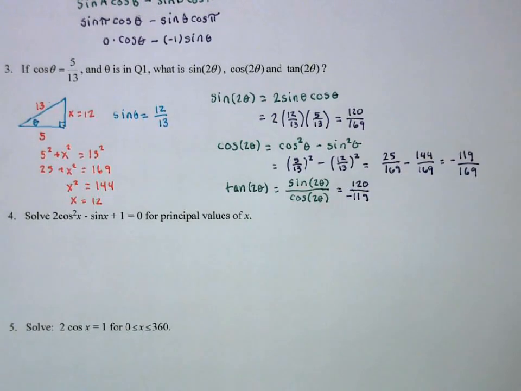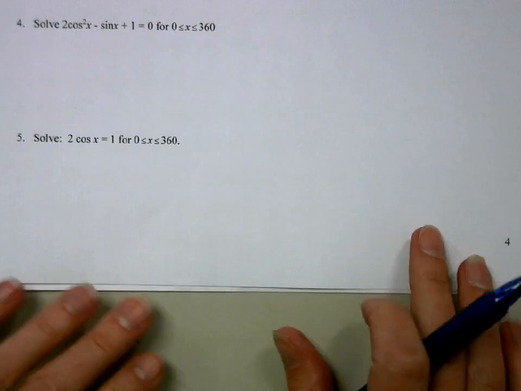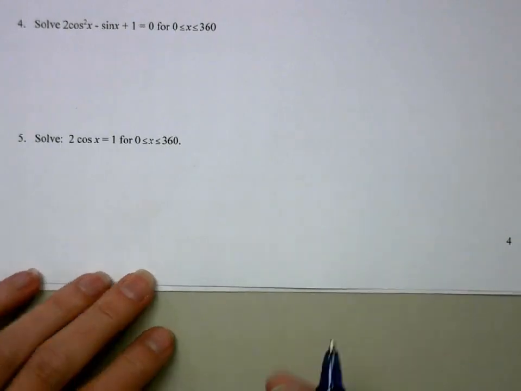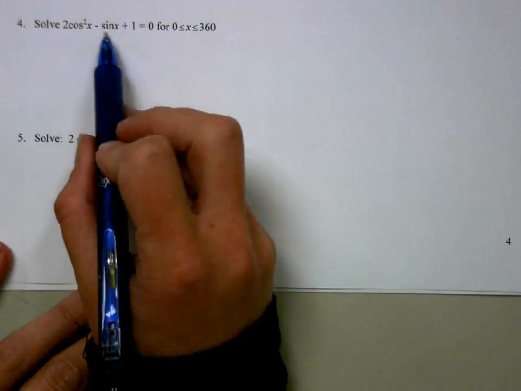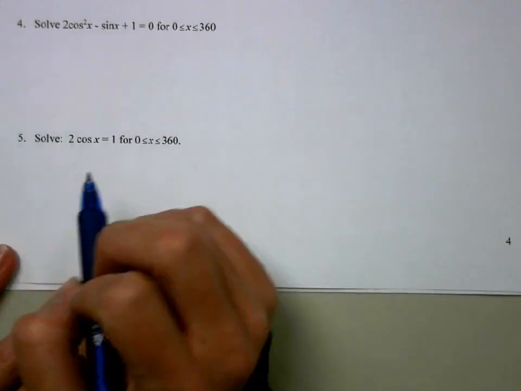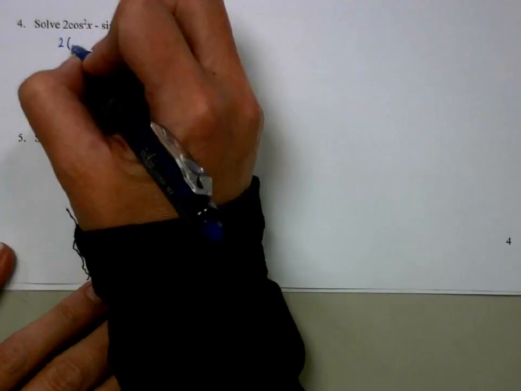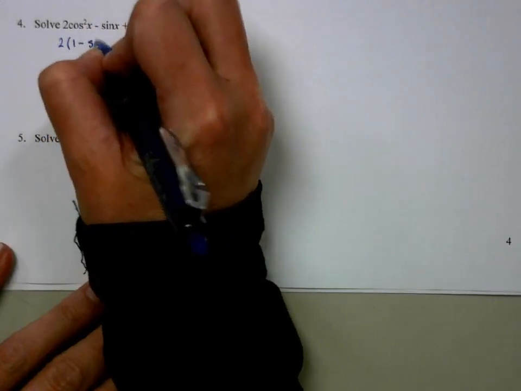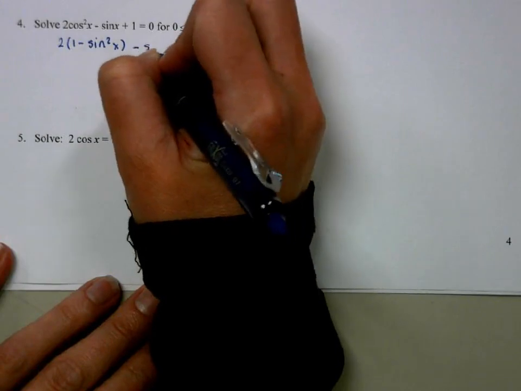Next, we have solving problems, which relies on a lot of the same things we've been using. First, looking at this, I've got both sine and cosine, which is not ideal. So my first step is going to be taking this cosine and turning it into a 1 minus sine squared. Then I'll distribute through.